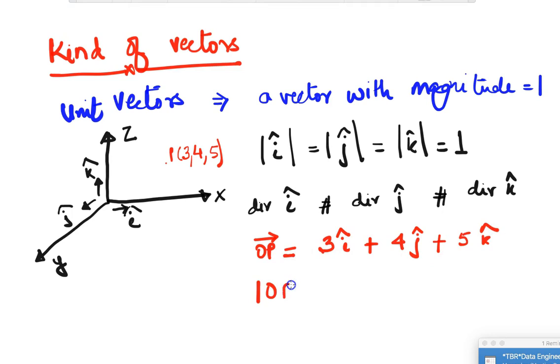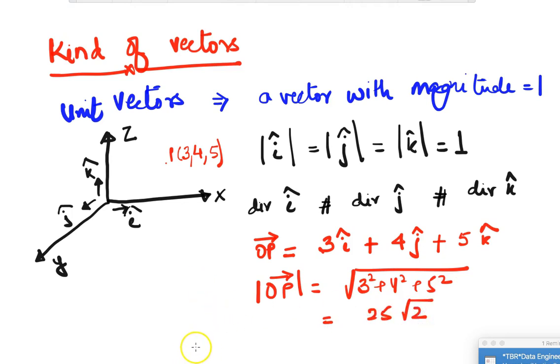And we can say OP vector magnitude is nothing but the square root of 3 square plus 4 square plus 5 square, which is the square root of 50, and therefore the unit vector in the direction of OP is OP vector divided by the magnitude of OP.